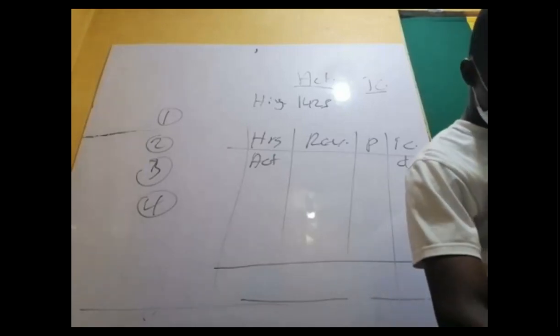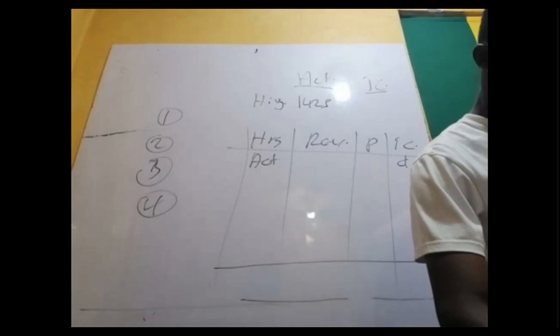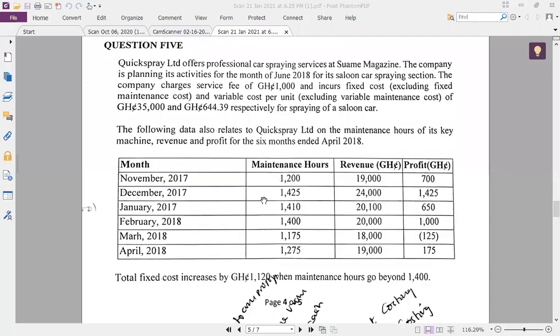Then step 2, determine the equivalent cost at the highest activity level. So just trace it. Let's go to the question and trace it. If there is the highest activity level, what's the cost over there?